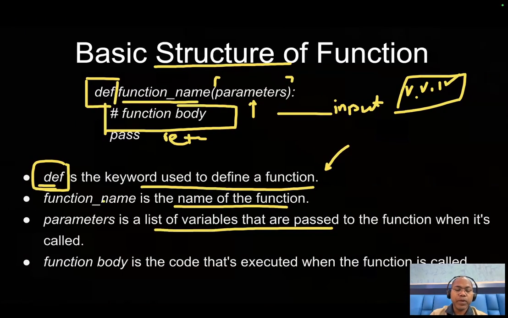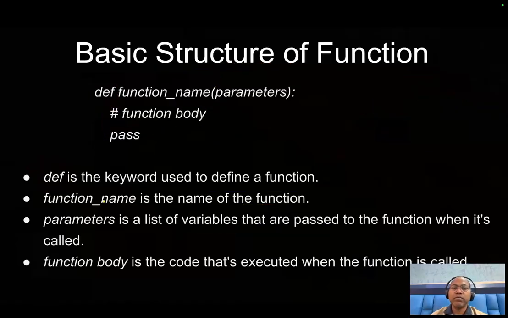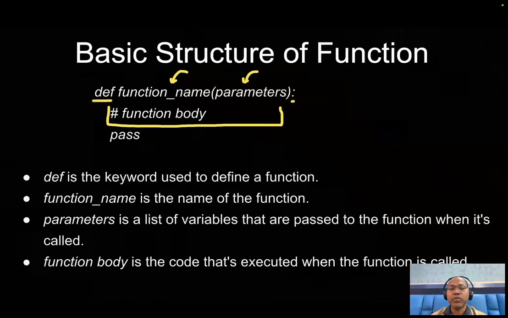So these are the basic structures of Python, how to define a function. Just the def keyword, your function name, your input parameter, colon and your body of code. And if you want to return some value, you use return. Sometimes you don't want to give any body, then you can say pass.